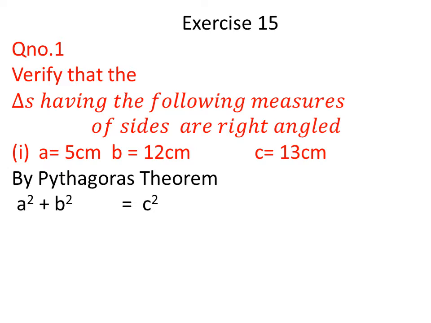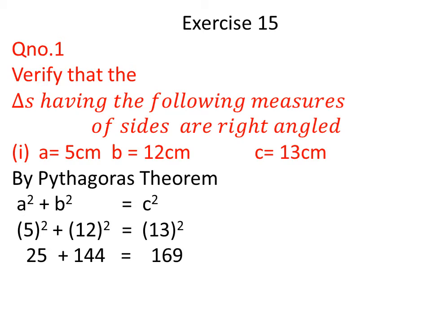By putting the values of A, B and C, we can write 5 square plus 12 square equal to 13 square. Here the value of A is 5, the value of B is 12 and the value of C is 13. Now by taking the square of these terms, we get the next equation: 5 square equal to 25, that's why we write here 25, 12 square equal to 144 and 13 square equal to 169.